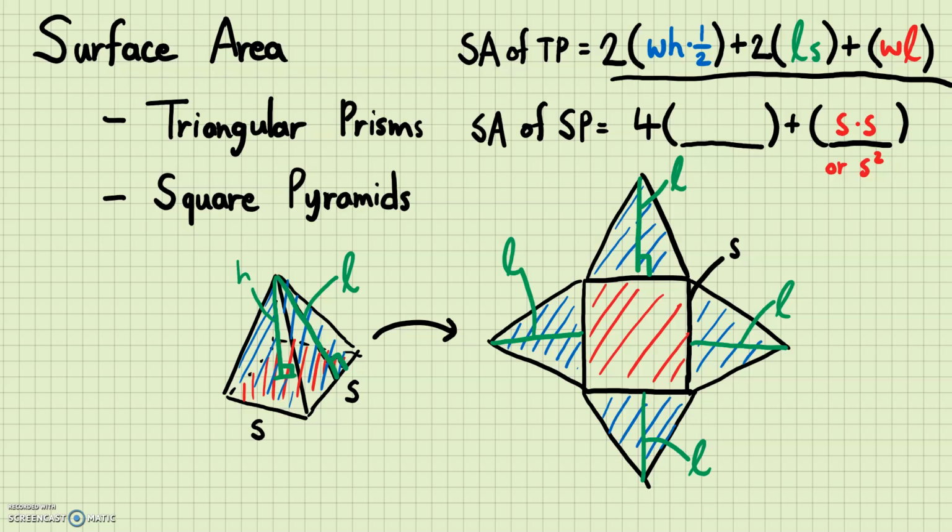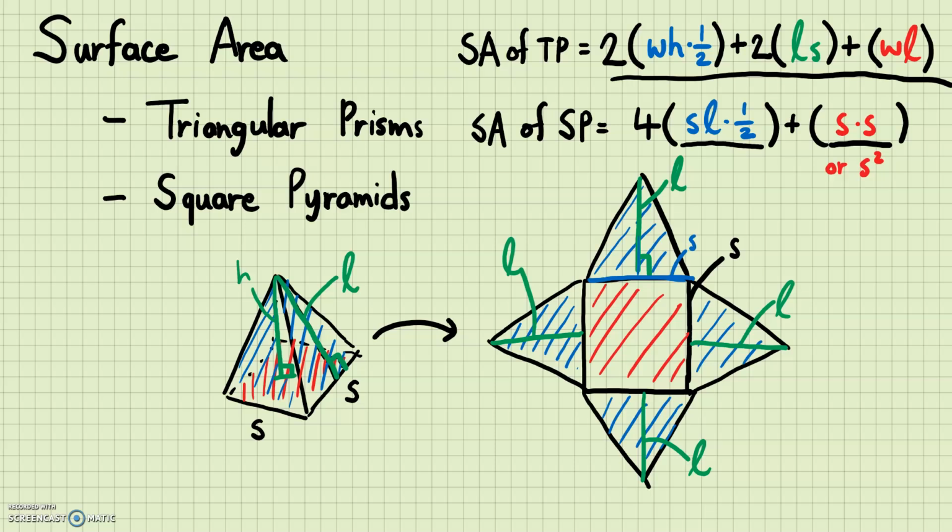Okay, and for the triangle, we have to do the base times the height divided by 2. Well, the base is s, right? So base times the height divided by 2, or times 1/2. Okay, and there we have the formula for a square pyramid.